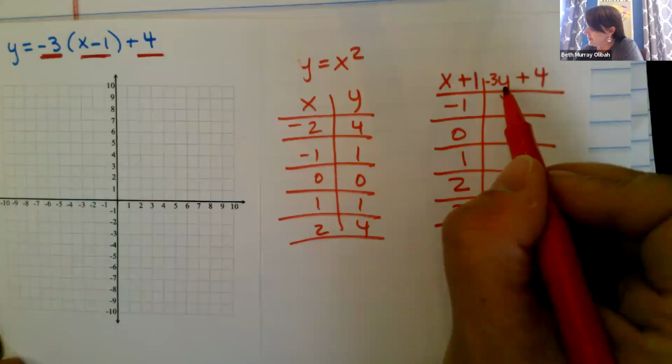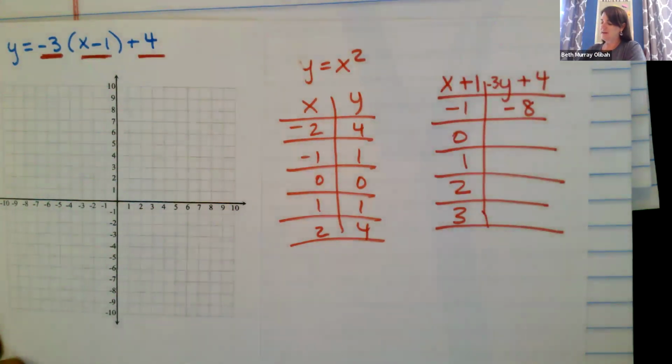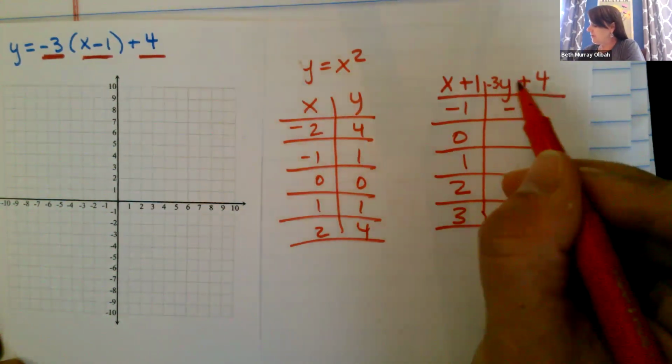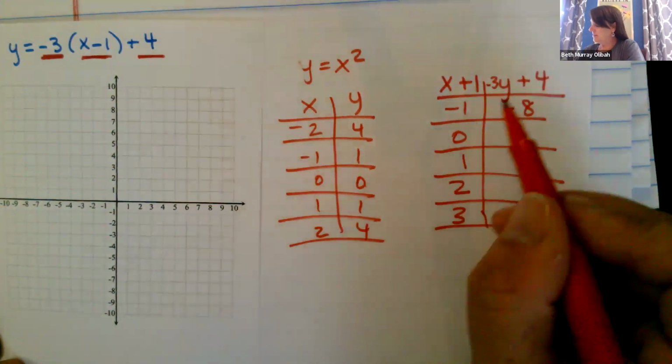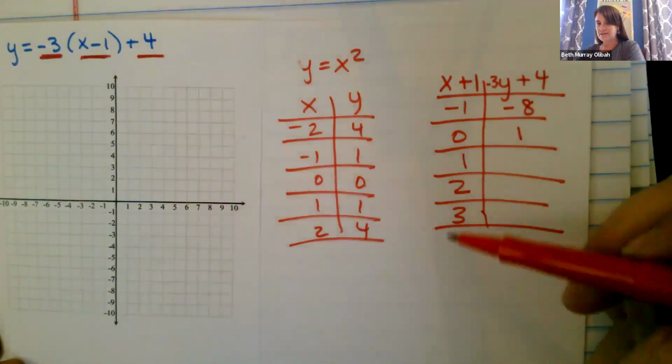So 4 times -3 is -12 plus 4 is -8. If I plug in a 1, I would get -3 plus 4, so that's 1. If I plug in a 0, so make sure you're always plugging in the old y values. We're not plugging in the x values, right?